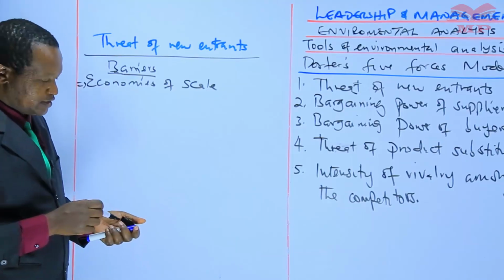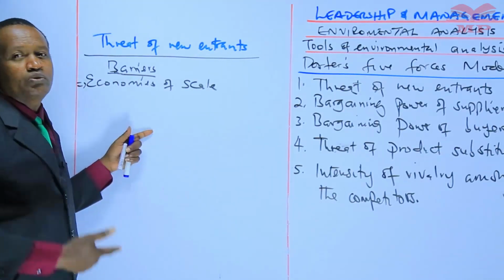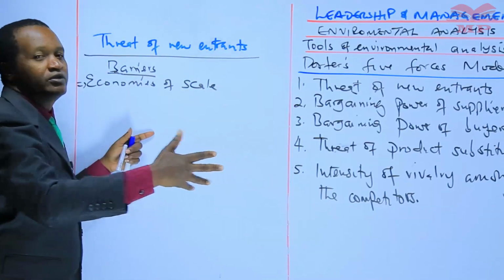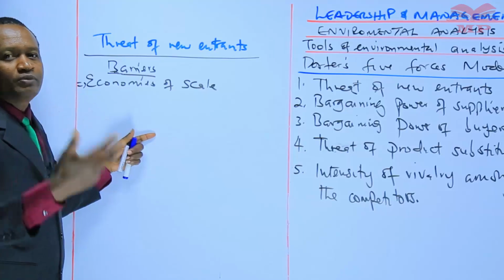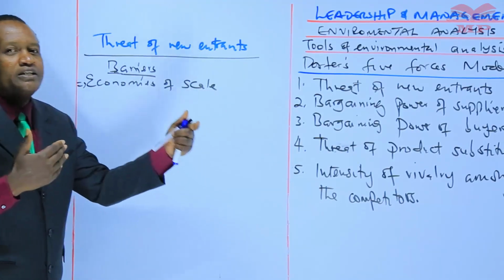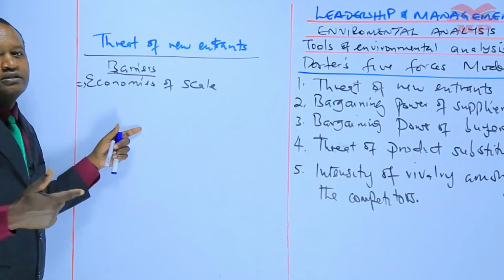Economies of scale, candidates, are derived from incremental efficiency improvements through experience as a firm grows larger, and therefore, as the quantity of a product produced during a given period increases, the cost of manufacturing each unit also declines.